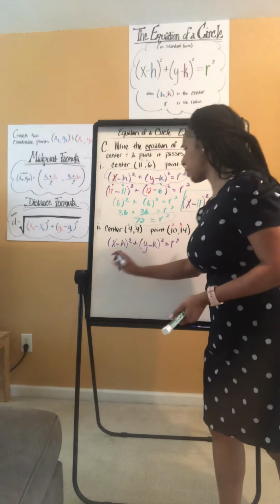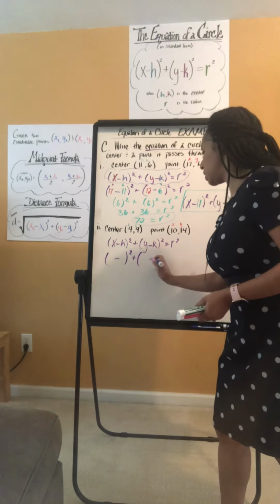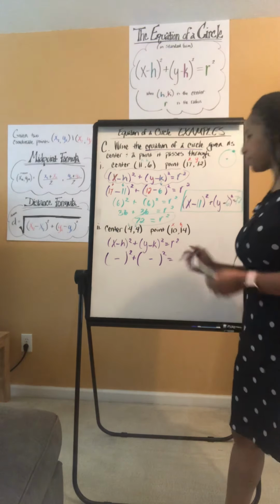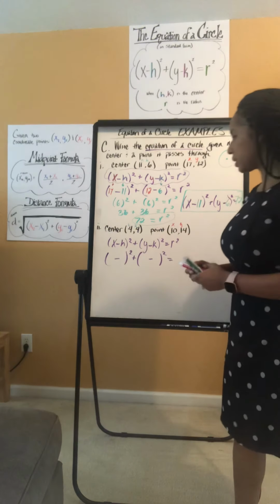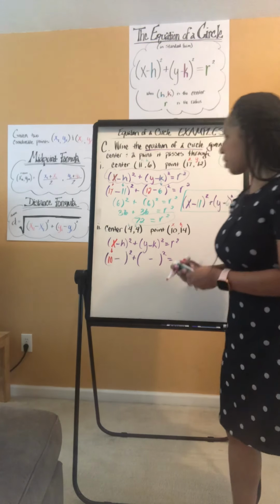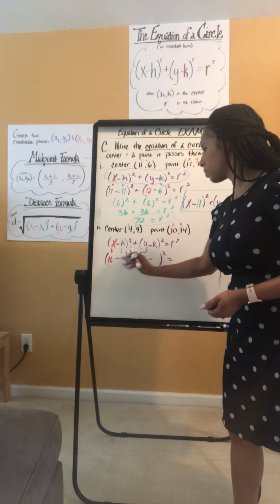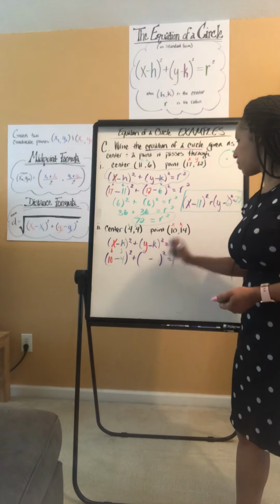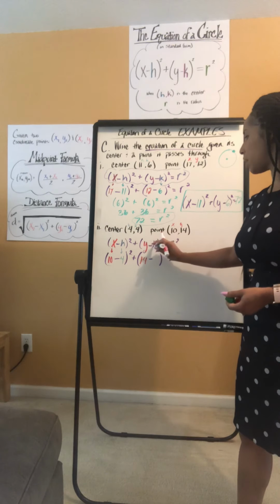So I'm going to set it up first with the parentheses, the minus in the middle, the squares, and then I will fill in my x. My x was the number 10. My h was the number 4. Y was the number 14. K was also another 4.